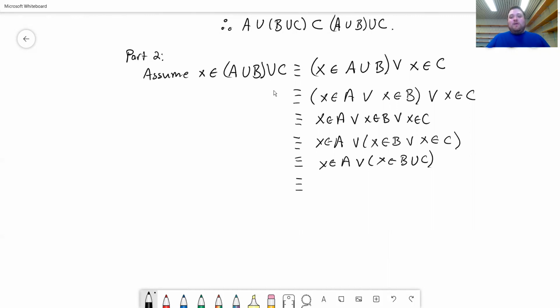So if X is in A union B or X is in C, then obviously X is an element of (A union B) union C. And therefore A union (B union C) is a subset of (A union B) union C.